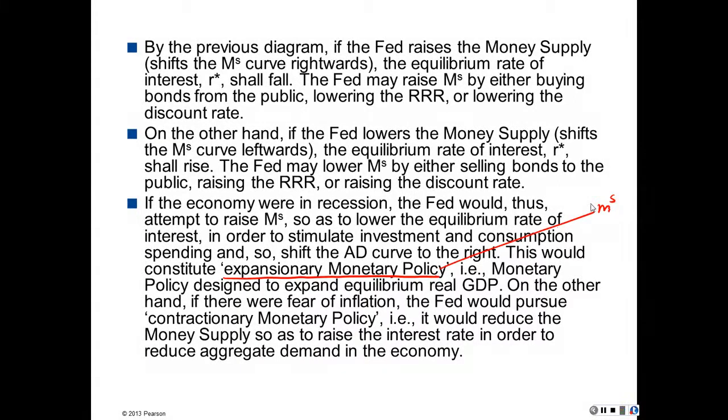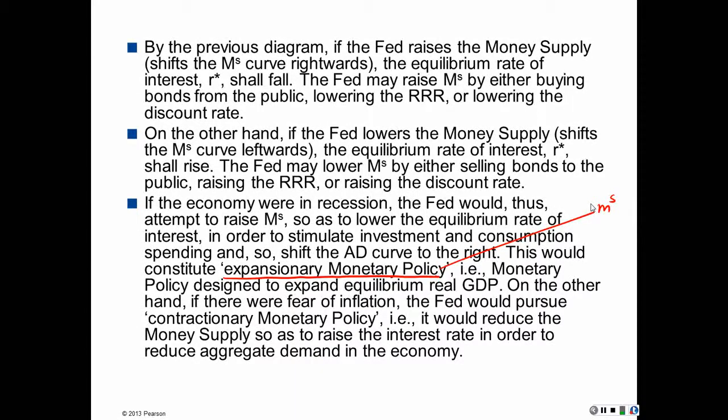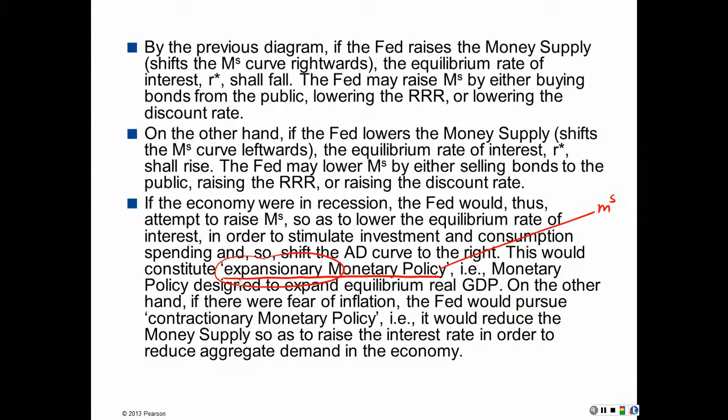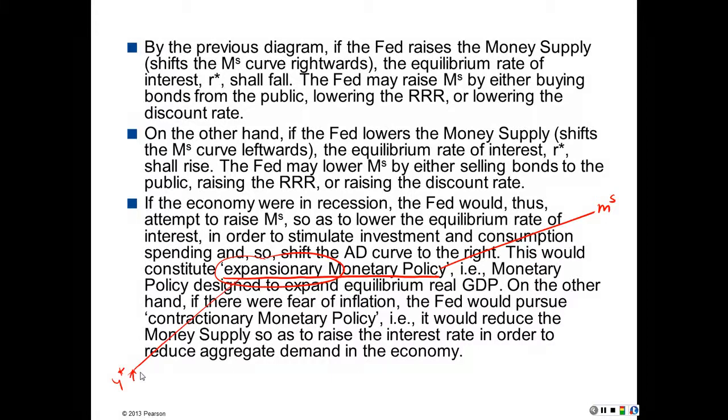Tell me. Would it be going up or going down? Going up, why? Because expansionary means increase. But remember, when we say expansionary, we're talking about increasing what? Increasing Y star, not money supply necessarily. That's where the expansionary comes from. Expanding what? Expanding equilibrium real GDP.